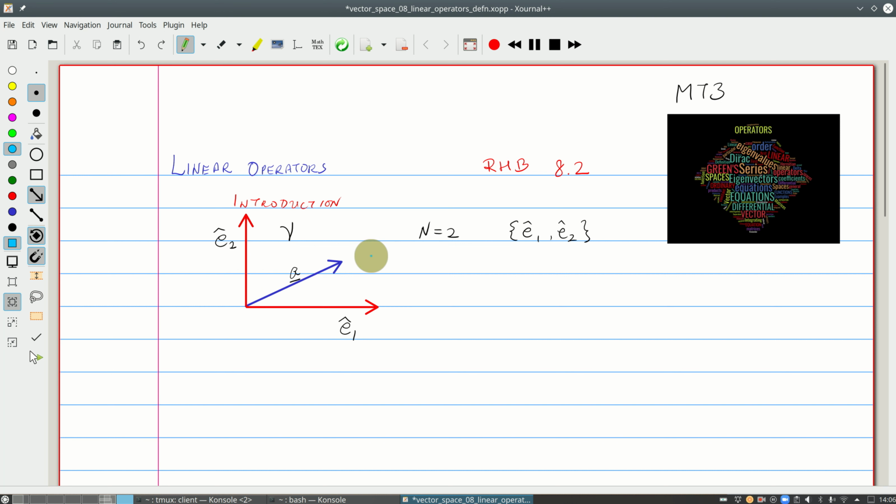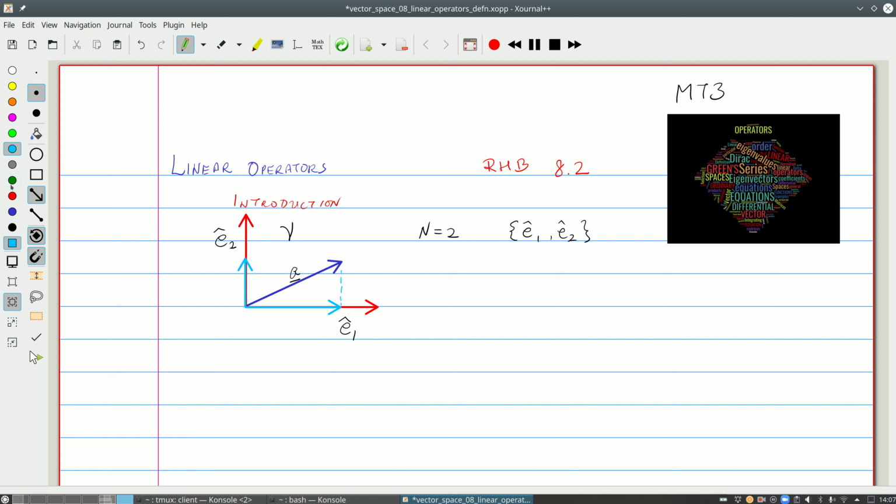Now by projection what I mean is, let's say you project it onto the E1 hat axis, then this vector in its projected form becomes that. Or you could project it onto the other axis, in which case you will get this as a projection. Or you could project it onto any axis.